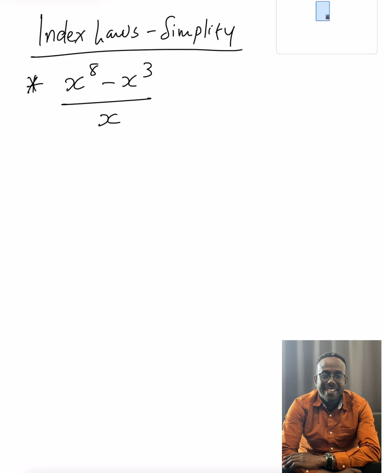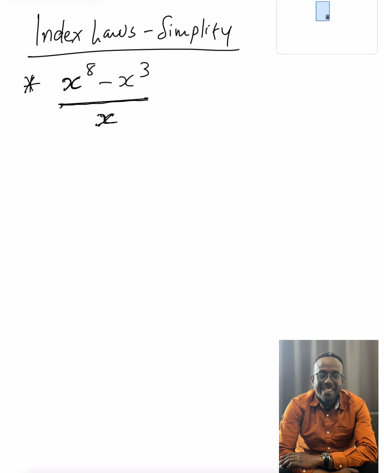By now we should have our knowledge on what needs to be done when we are multiplying and dividing indices. Now you notice we are dividing here. x to the power of 8 is divided by x, and also x to the power of 3 is divided by x.